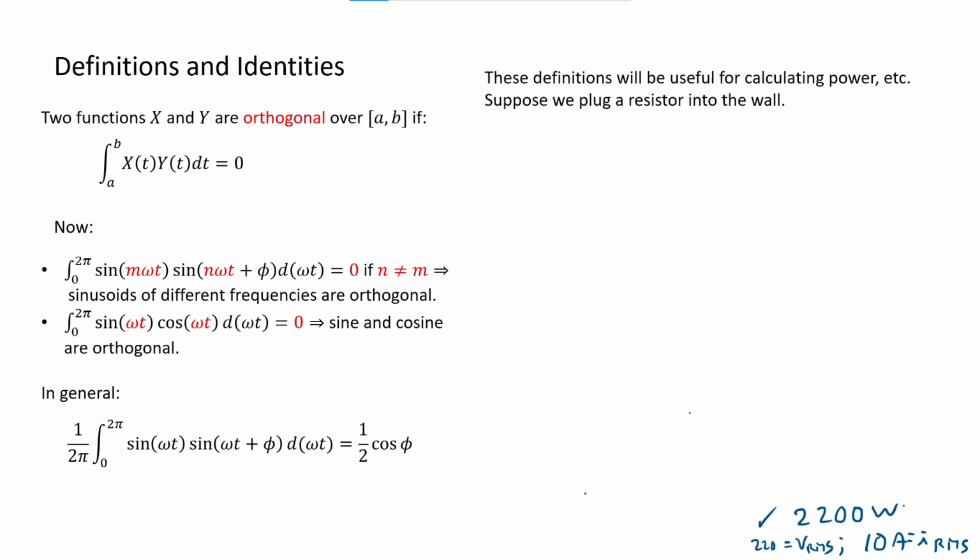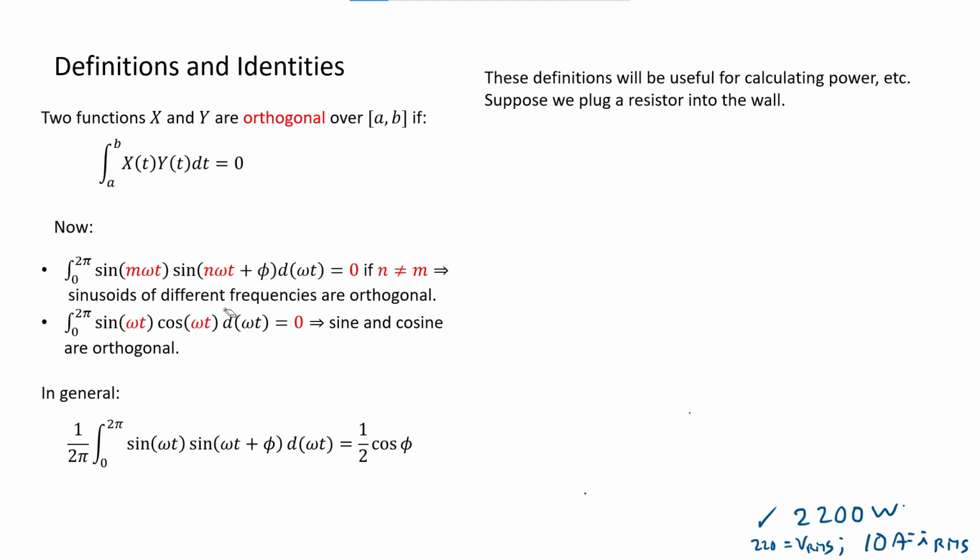Another example: if you have a sine function and a cosine function, even though they have the same frequency, the integral over a period is also 0. So please notice these important properties or identities.